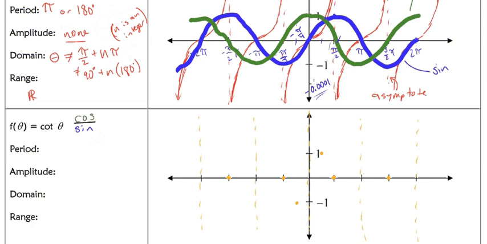But notice that the difference between this graph and the other graph is that before we had a 0 value here at the axis, now we've got an asymptote. And what side is it going to be approaching? Hopefully you can just see that it's going to have to go through 1, approaching from this side right here. As it's approaching from the positive side of 0, cosine is getting closer and closer to 1, while sine's getting closer and closer to 0. 1 divided by infinitely small pieces, but positive, heads towards positive infinity.